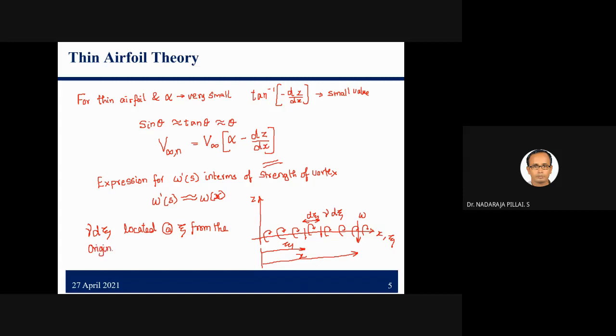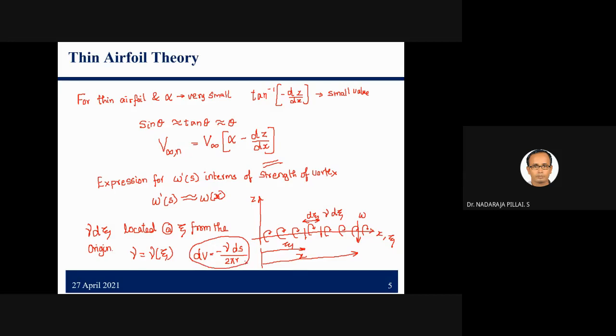Now gamma is equal to gamma of zeta, right? And you know already the induced velocity dV is equal to minus gamma ds by 2 pi r.